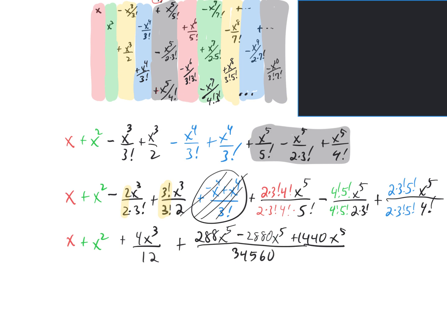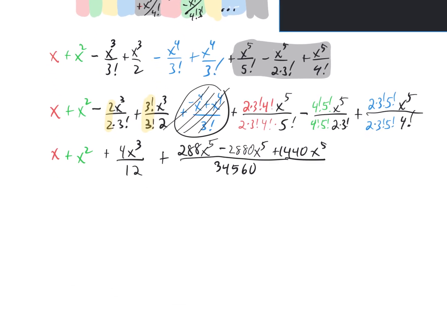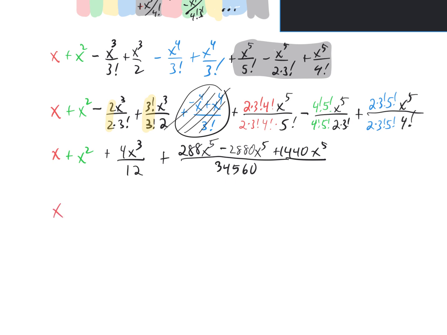Which gives us this, and then we have x plus x squared plus x cubed over 3 plus, let's combine all those like terms on top.